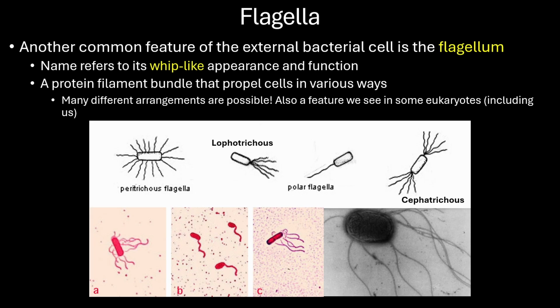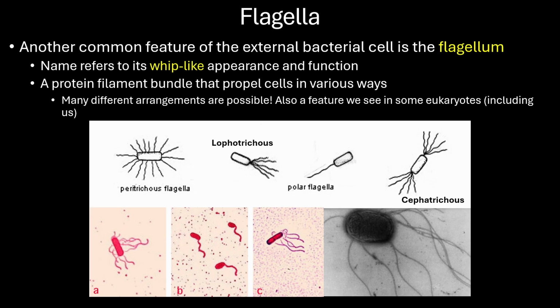Among the ones that do have flagella, they could have an incredibly wide variety of arrangements. So some species have what we call peritrichous flagella. E. coli is a great example of that. They're covered all around their body in flagella, and that means they can pull or push their body in a variety of different directions.